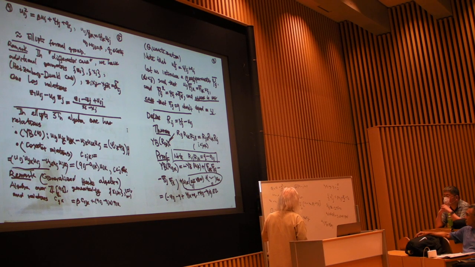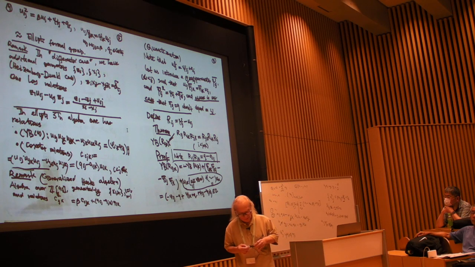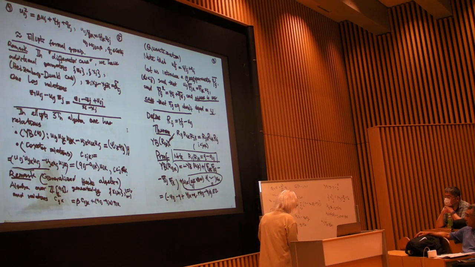In the elliptic case, which I want to discuss now, I really don't know any examples when beta is not equal to 0; when you have no beta, and that's all.